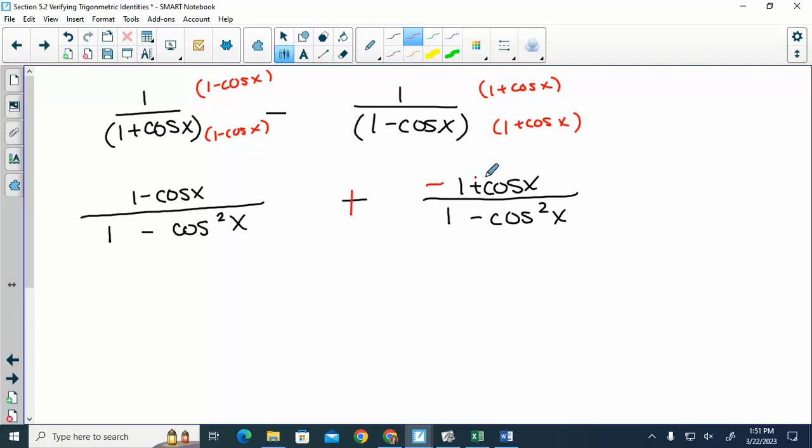So everything in the second parenthesis will get a negative. So if I combine my terms, 1 plus negative 1, 0. Negative cosine x plus negative cosine x, negative 2 cosine x.